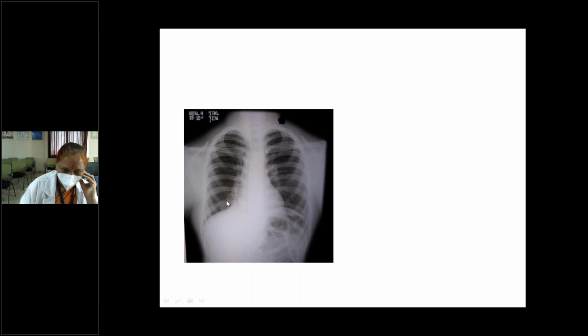But the costophrenic angles on both sides and the left cardiophrenic angle are free. But yes, here is something. What is this? Haziness. Can you appreciate this? I'm showing with the arrow. These things. What is this? How to describe?